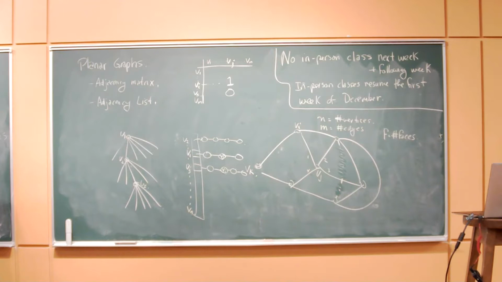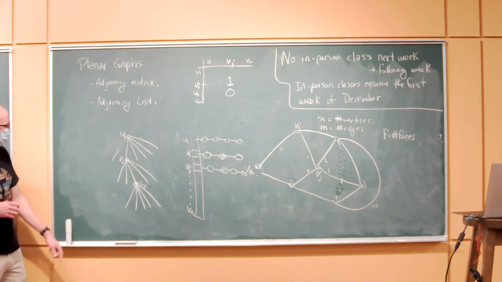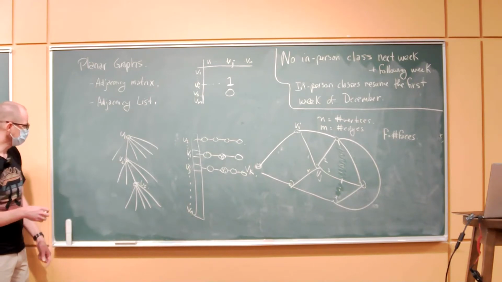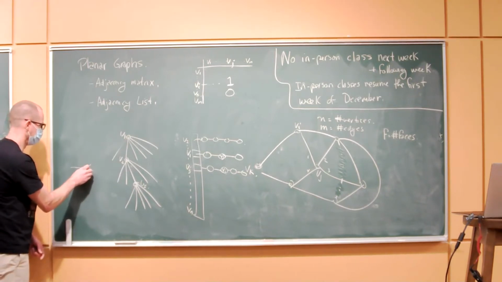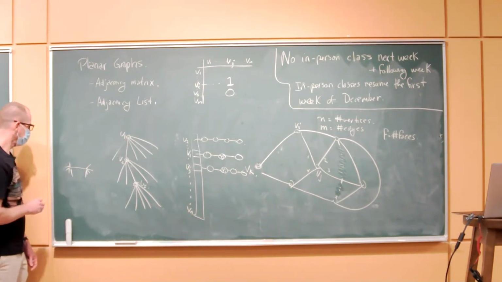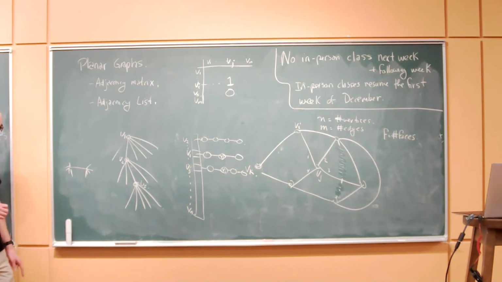So that's not good. And in fact, even this graph, which has 2 vertices of degree n over 2, is a problem already. So that could mean that just asking if 2 vertices are adjacent takes linear time.